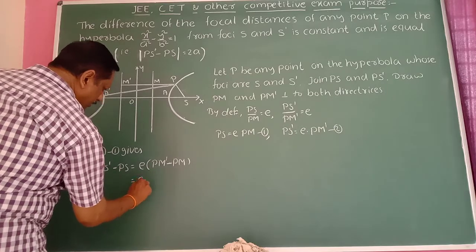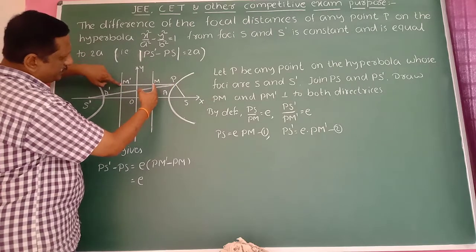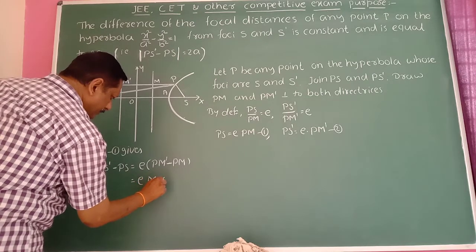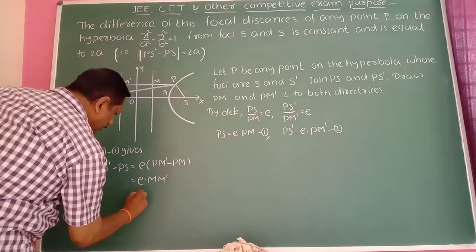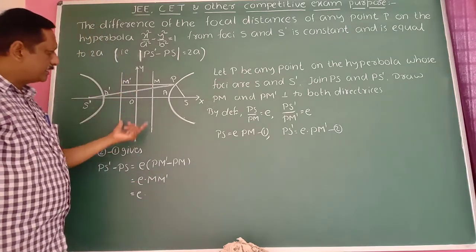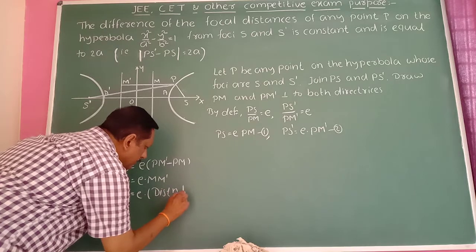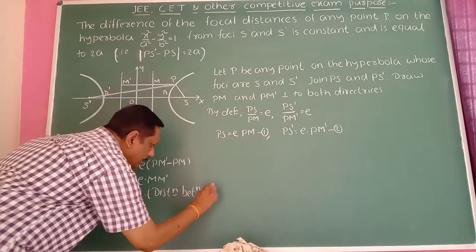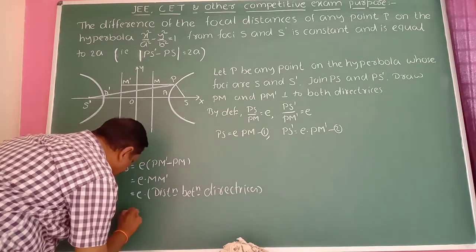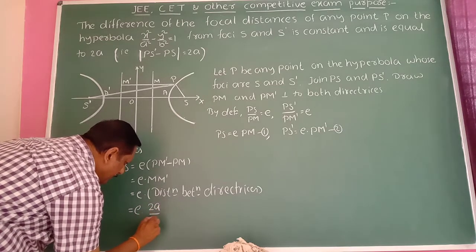Therefore this is equal to e into the distance between the directrices, which is 2a divided by e.